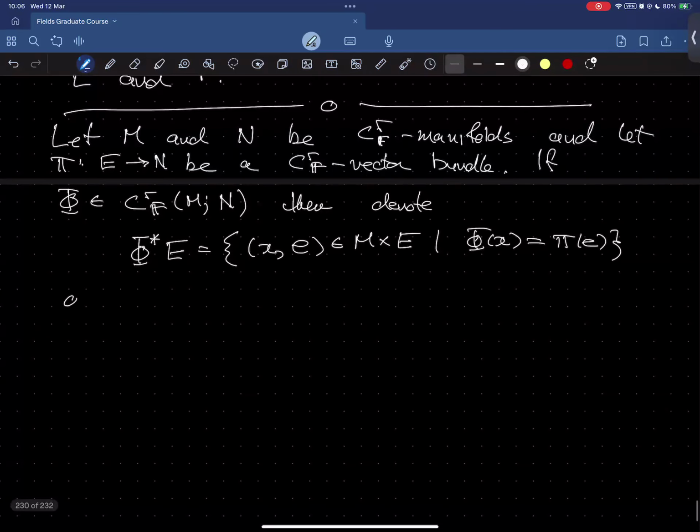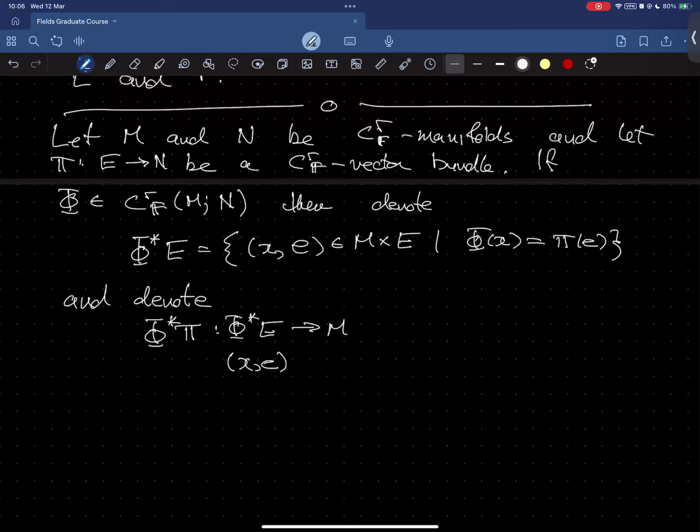And denote phi star pi. This is going to be mapped now from phi star E to M, and it's going to take a point (x, e). If (x, e) is in phi star E, then they must satisfy that relationship.